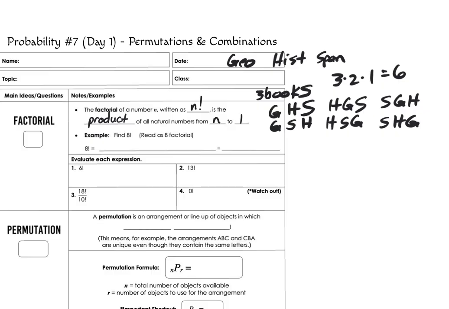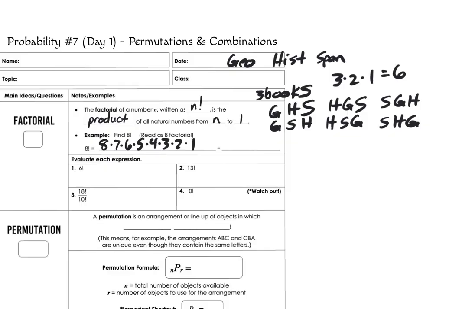Well, we don't want to have to do this every time, right? That would be a lot of work and not a whole lot of fun if we had to list all the possibilities out to figure that out. But I just wanted to show you with a smaller group of numbers of how this works and what the different combinations would be. So if I had 8 factorial, I could do 8 times 7 times 6 times 5 all the way down to 1.